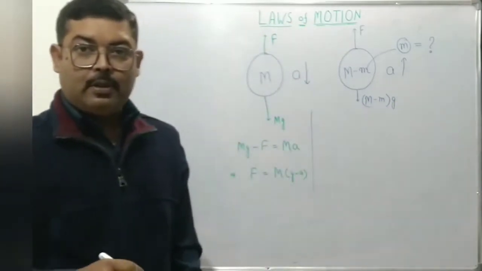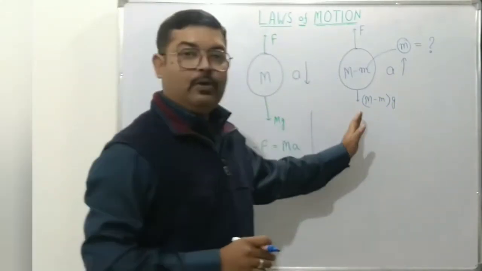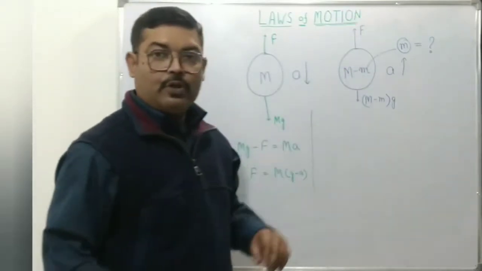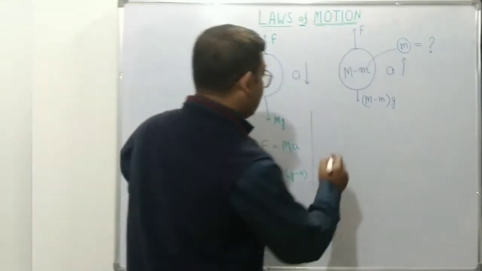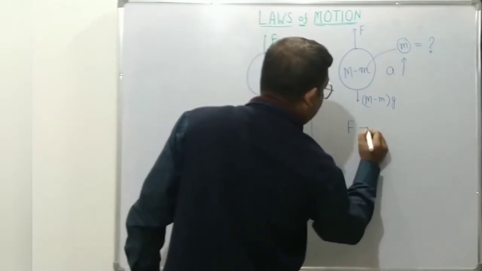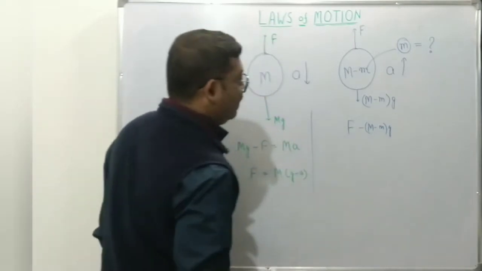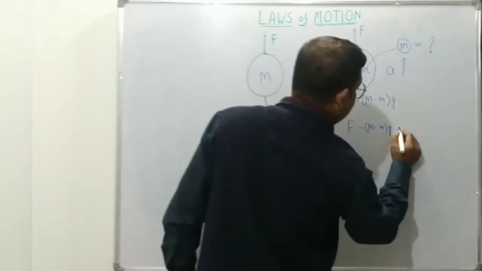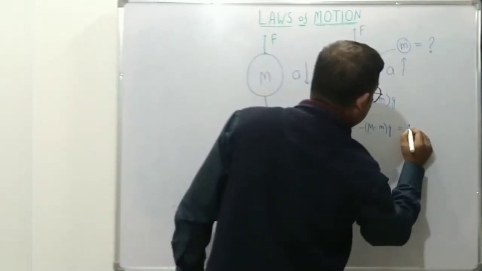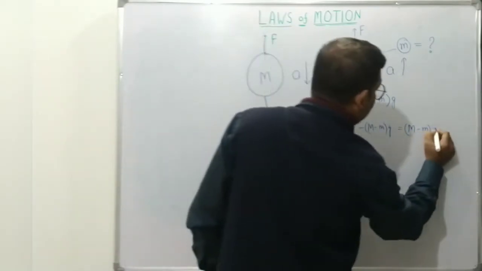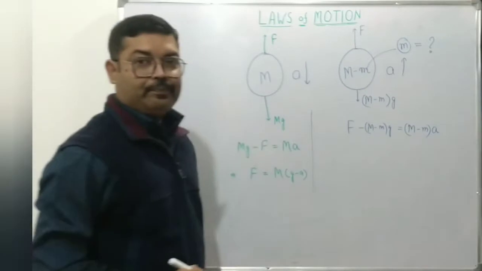It has reduced. This is the reason why the balloon starts moving upwards. Now, if you consider the upward motion of the balloon, then F upwards minus (M minus m) into g, the downward weight, must be equal to the remaining mass of the balloon, that is M minus m, multiplied by the upward acceleration a.